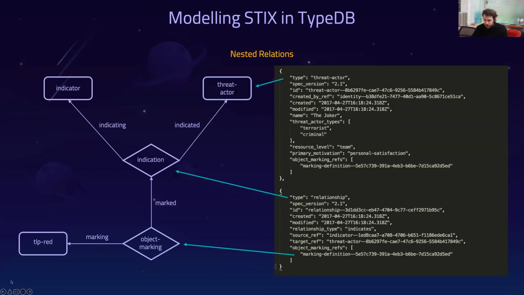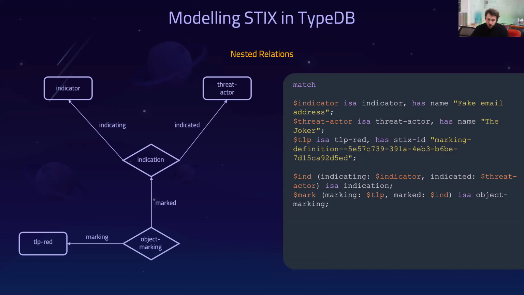And then here we've got the threat actor, and the indicator is not shown here just for simplicity, but they do refer to the source ref and the target ref, the indicator and the threat actor that connects these two in this binary relation. Now, how does this look in a TypeQL query?